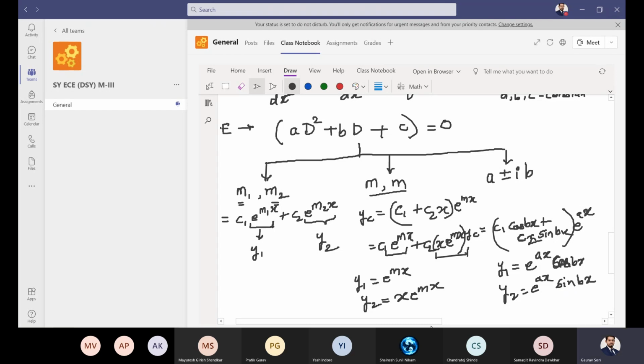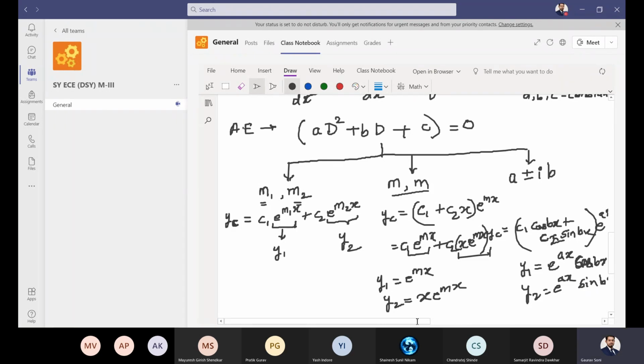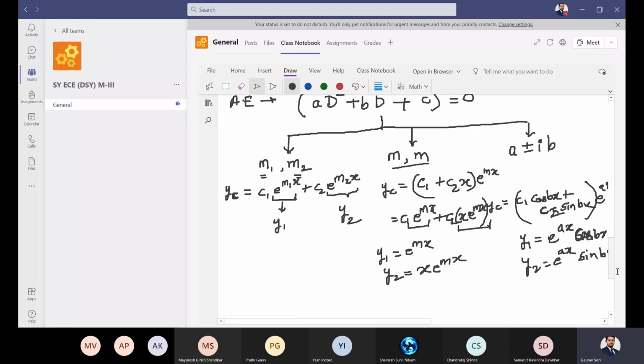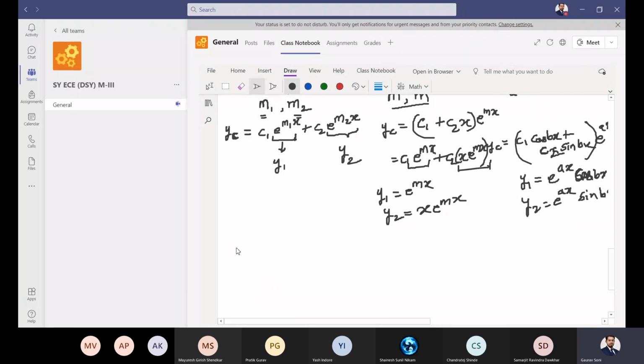So what do we observe here? What I really want to emphasize is that no matter what our auxiliary solution is, I can always find y1 and y2. In variation of parameters, y1 and y2 play a major role.